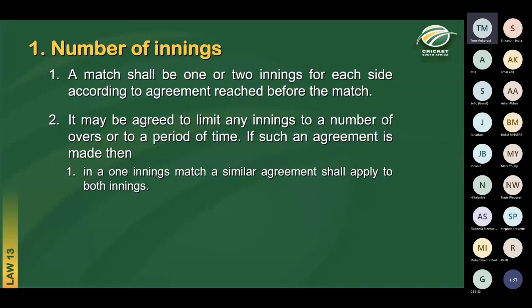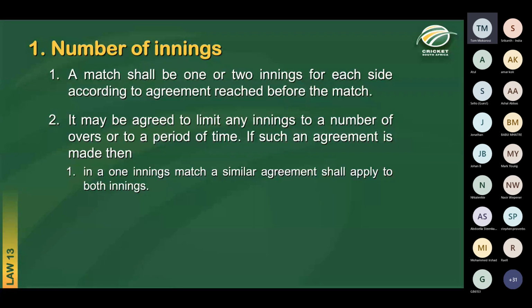You will never have a match where it is uninterrupted and we schedule 50 overs for the one side and 30 overs for the other side. At least we shouldn't have a match that is unequal.